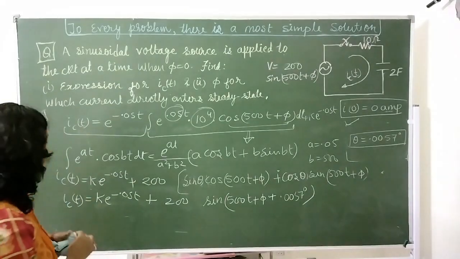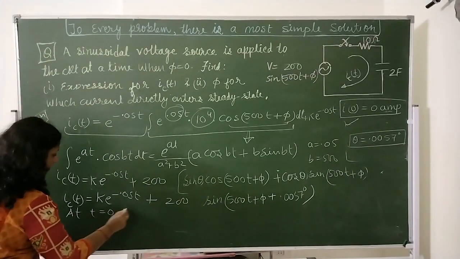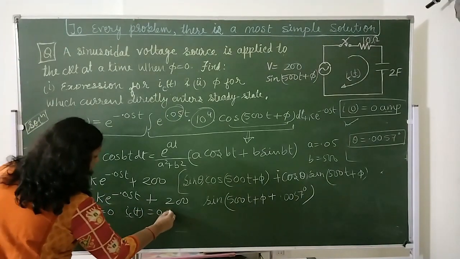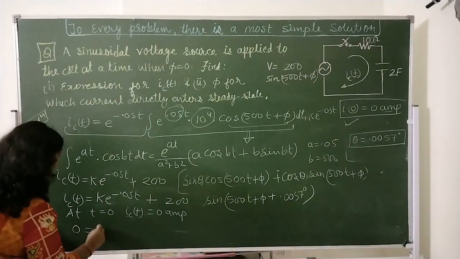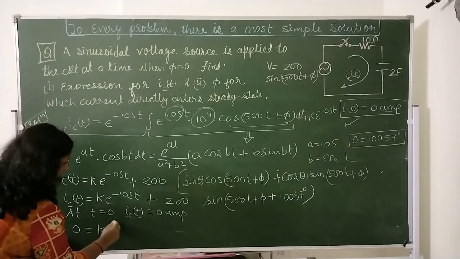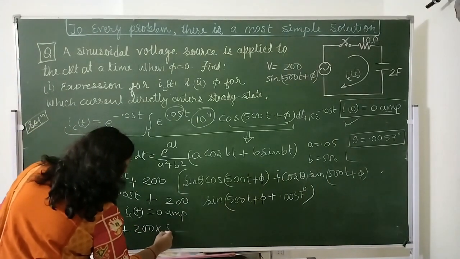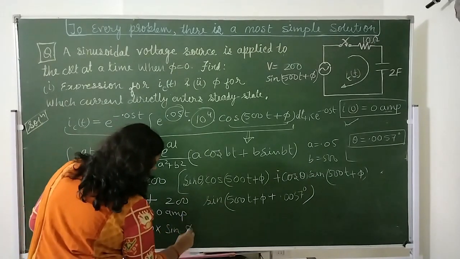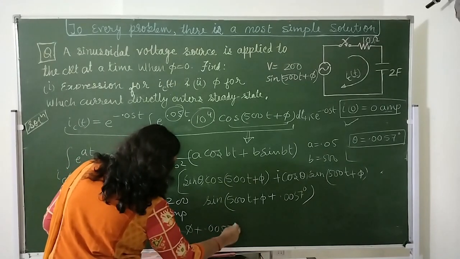Now to find the value of this K, substitute the current at t equals 0, which is 0 ampere. So at t equals 0, i_T(t) is also equal to 0 ampere. Put these values: 0 equals K e to the power 0 plus 200 into sin(5 plus 0.0057).